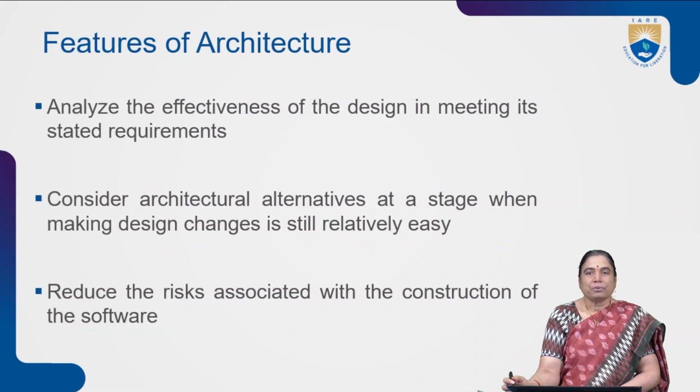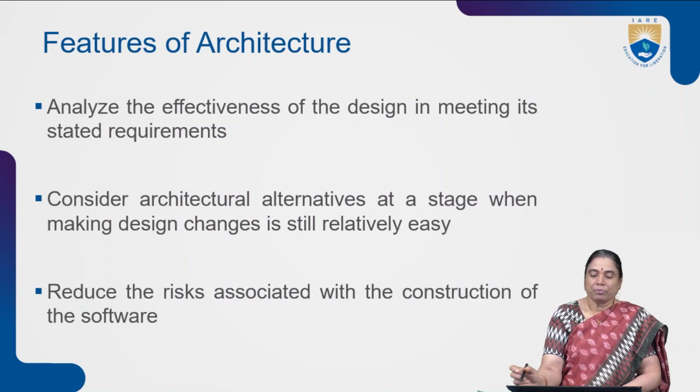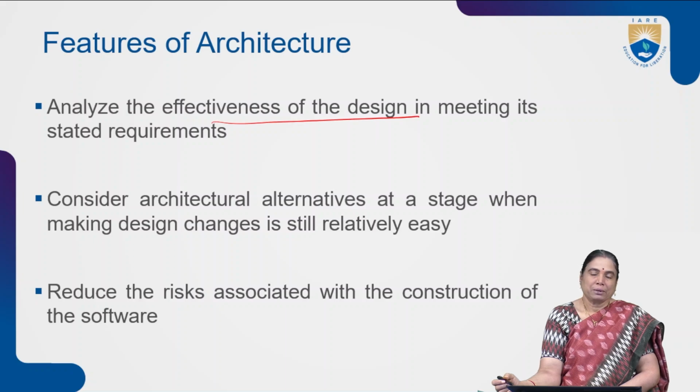The features of software architecture is to analyze effectiveness of design in meeting its stated requirements. The requirements that are gathered in the analysis phase after applying the requirement engineering process, the validated requirements are considered for the design, which will lead to the software architecture development.